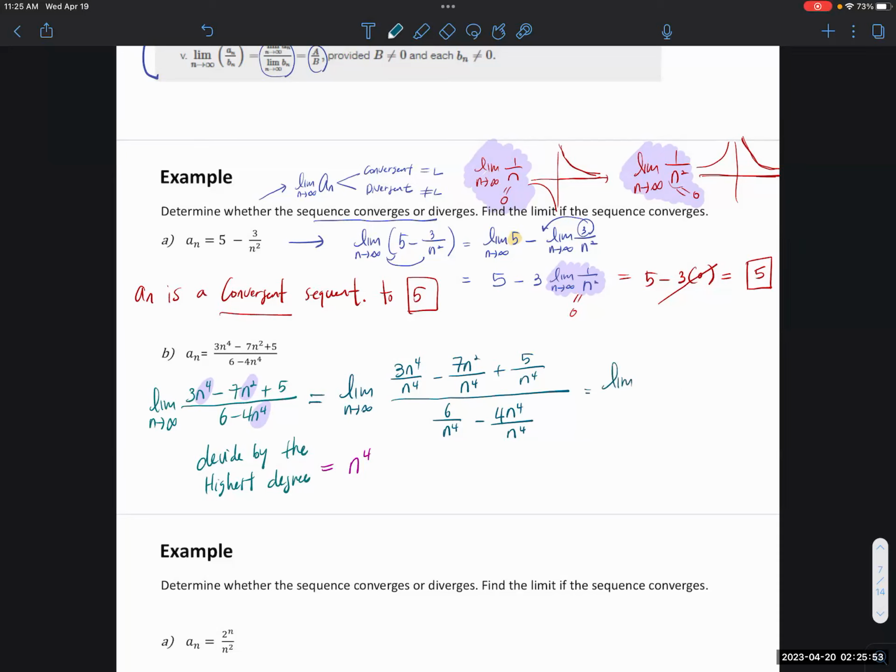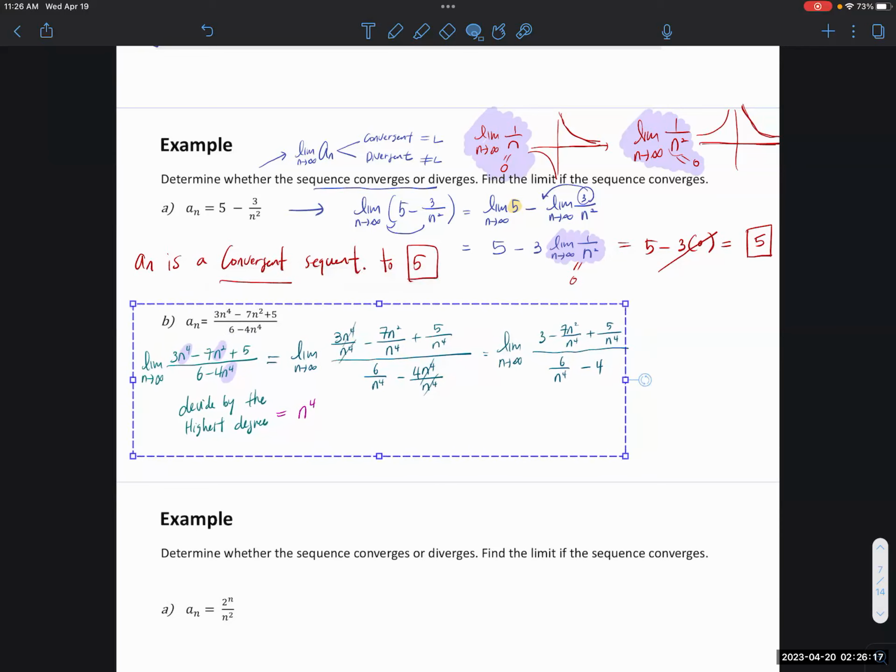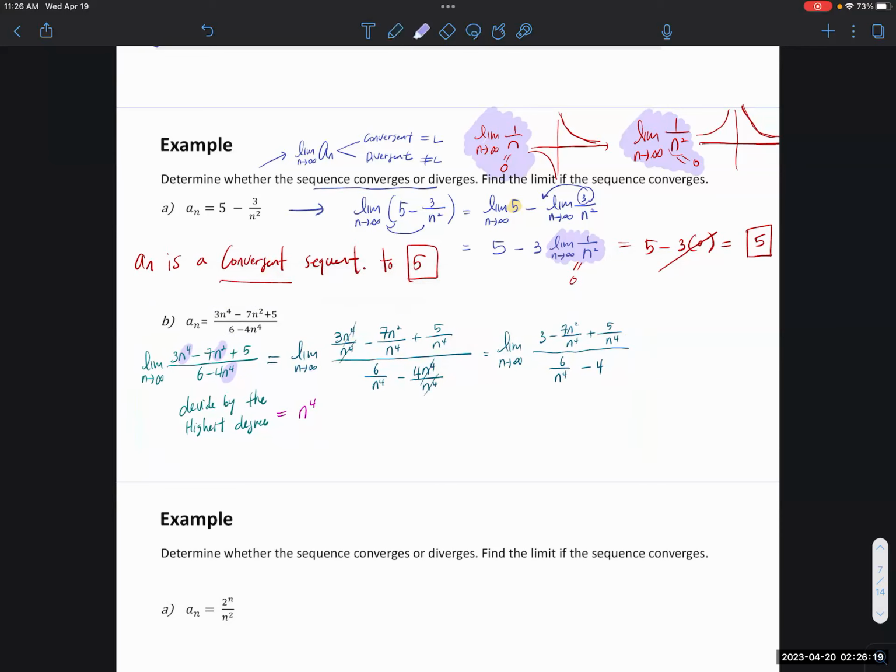So the limit as n approaches infinity: we have simply 3 minus 7n^2 over n^4, and 5, there's nothing you can cancel, over 6 over n^4 minus 4, because n^4 and n^4 cancel. Now we're going to take a look at this step.